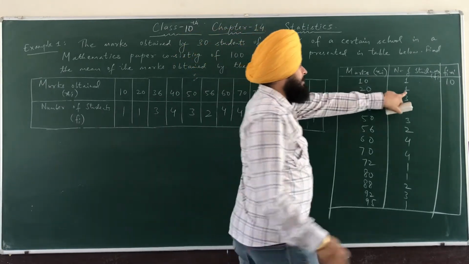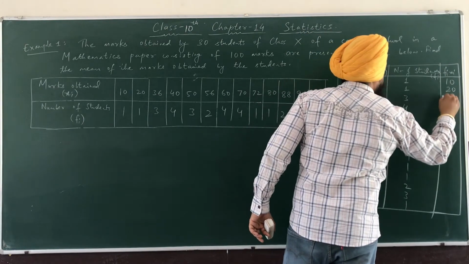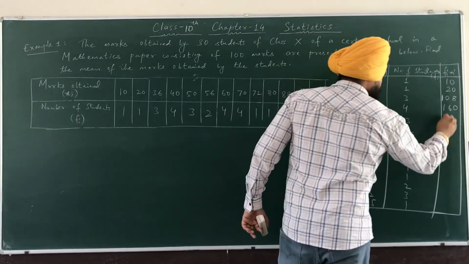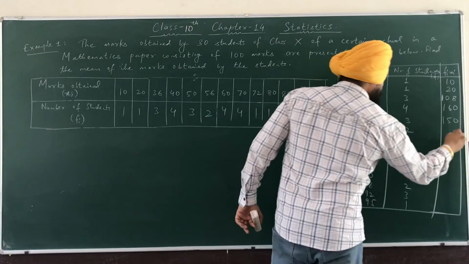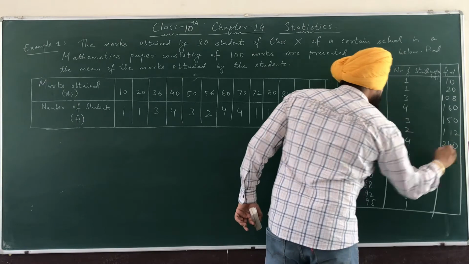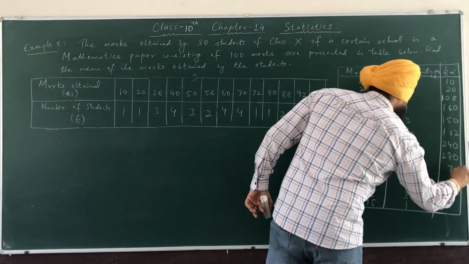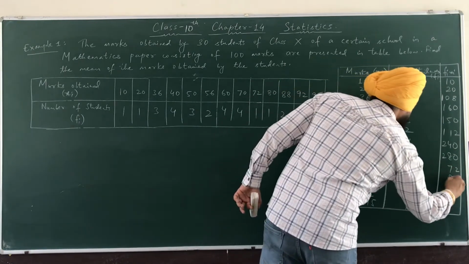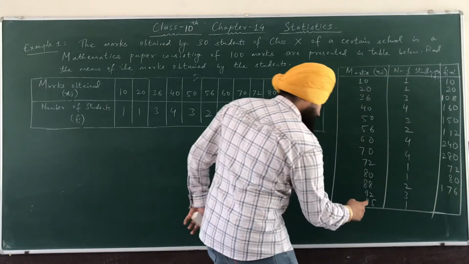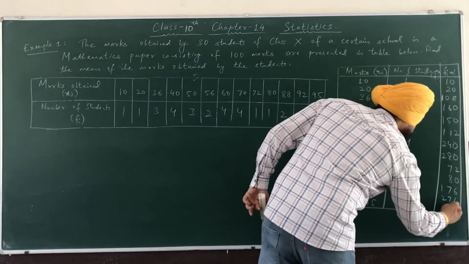So next, 20 ones are again 20, 36 threes are 108, 40 fours are 160, 50 threes are 150, 56 twos are how much? 112, 60 fours are 240, 70 fours are 280, 72 ones are 72, 80 ones are 80, 88 twos are 176, 92 threes are 276 and 95 ones are 95.